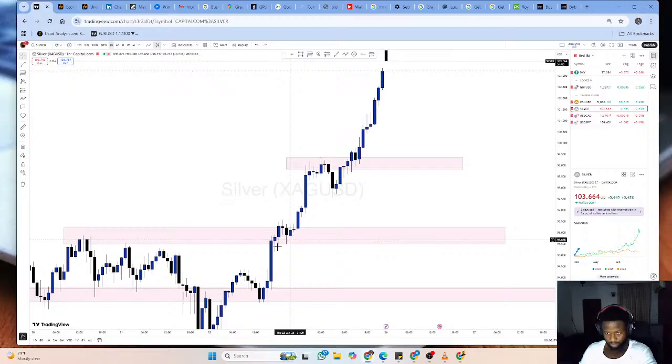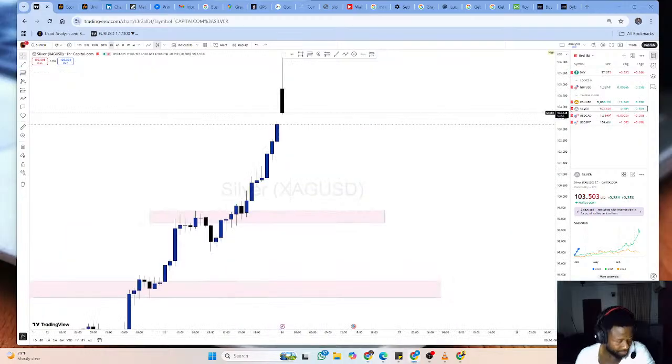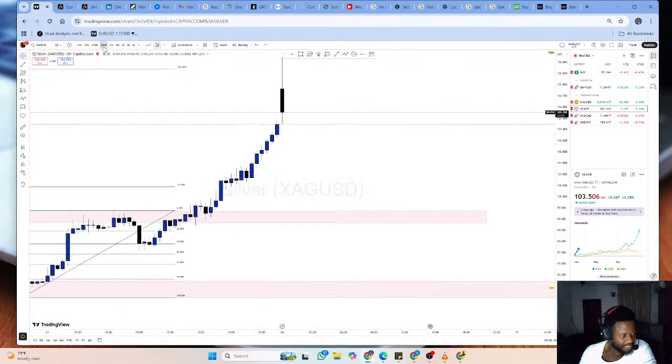Wow. The spread on this right now is insane. Nobody can even try to trade right now. The spreads are not settling yet.